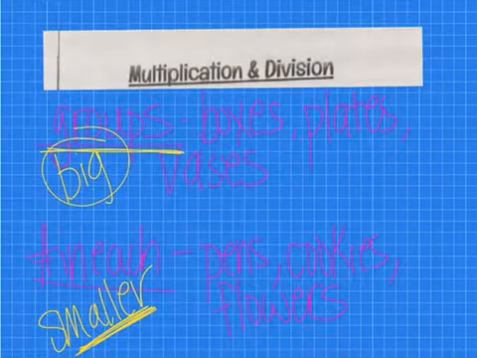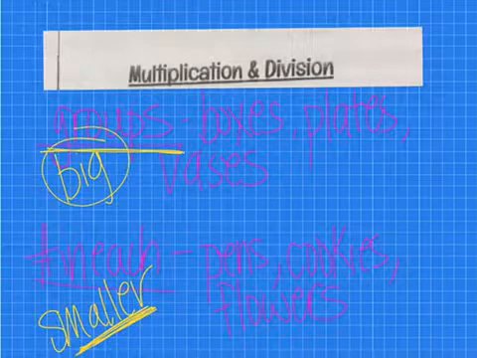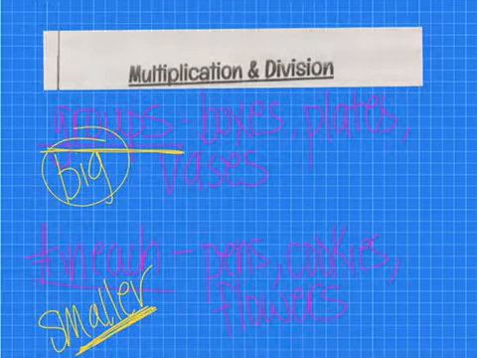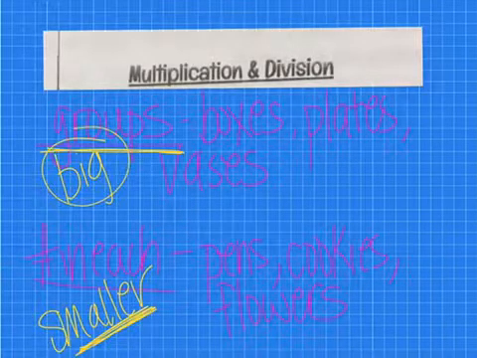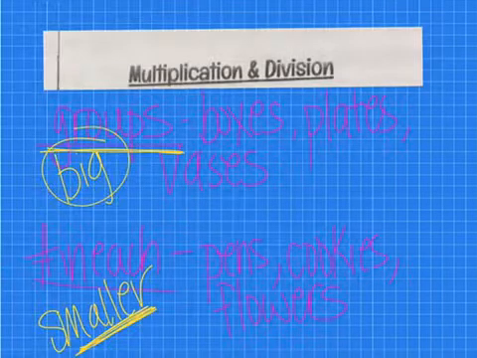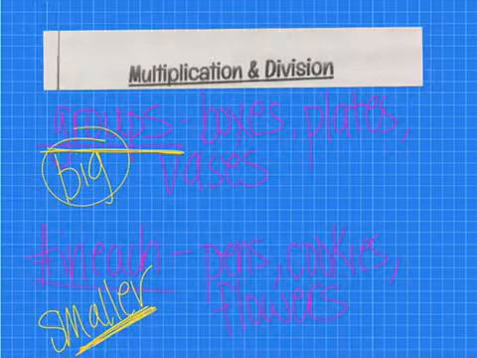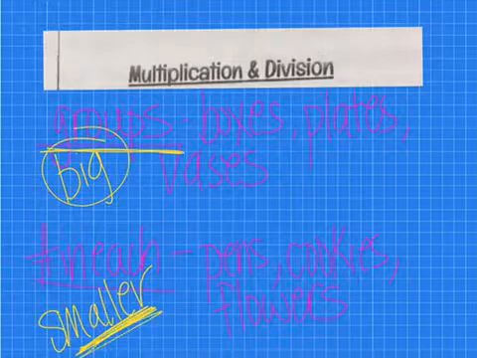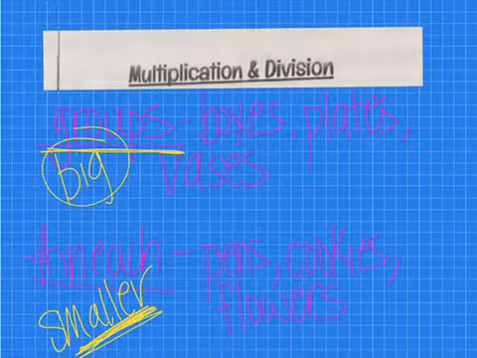Like pens and cookies. Students would be the number in each bus. You could have water bottles inside of the recycle bin. So groups are your big thing, and the number in each group would represent the smaller thing that would fit inside your group.